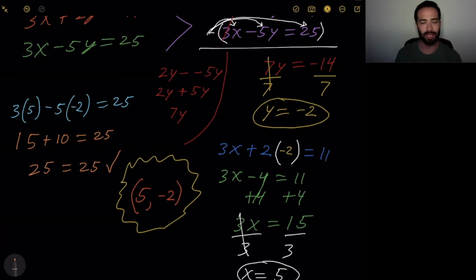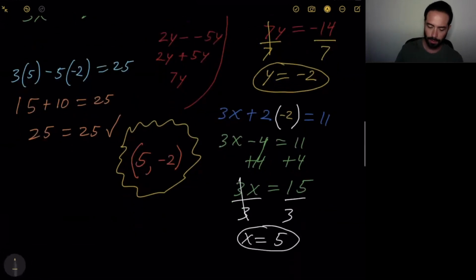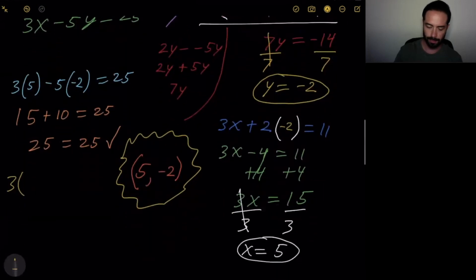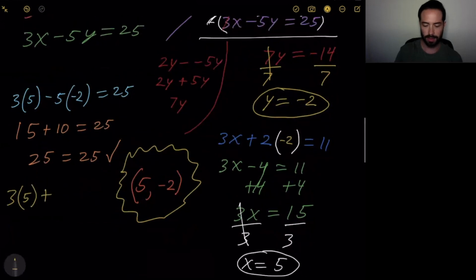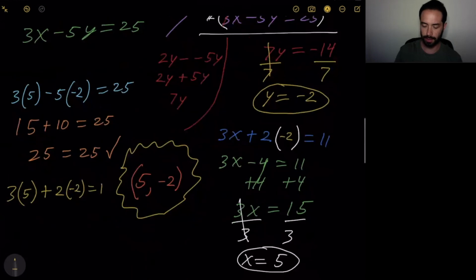We have to plug it into the other equation. That's how you'll know that for sure 5 comma negative 2 is correct. All right, so let's do it. We've got 3 times 5 plus 2 times negative 2 equals 11.